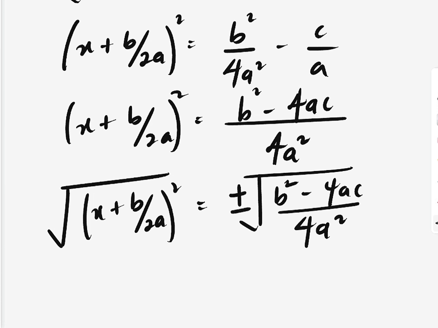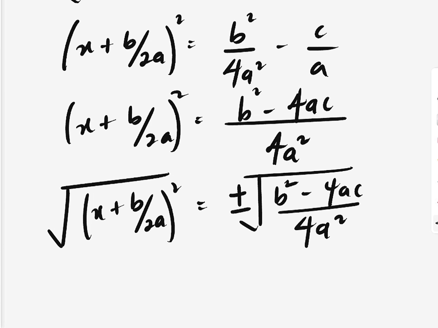Now, on bringing the square root to this side, you need to put plus or minus. The essence of this plus or minus is that square root is the opposite of squaring. And anytime you're squaring a number, if you have -2 or +2, it doesn't matter. It's going to give a positive result.